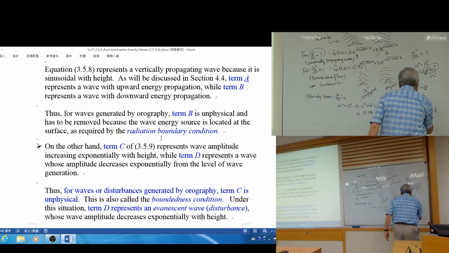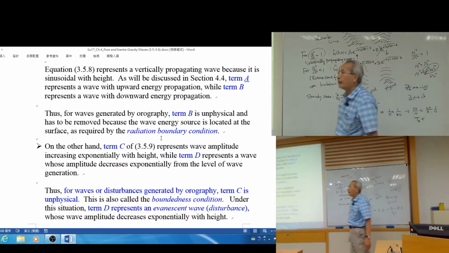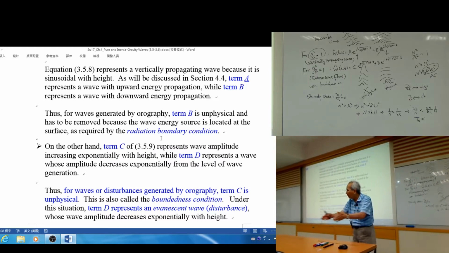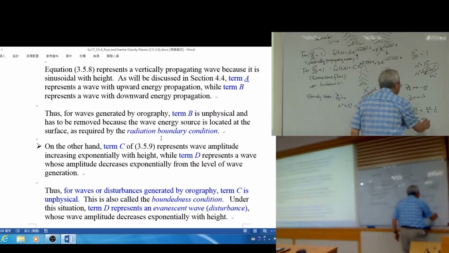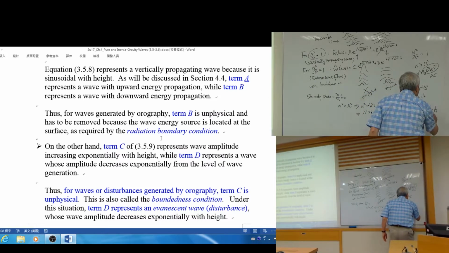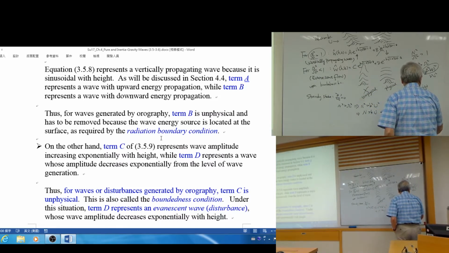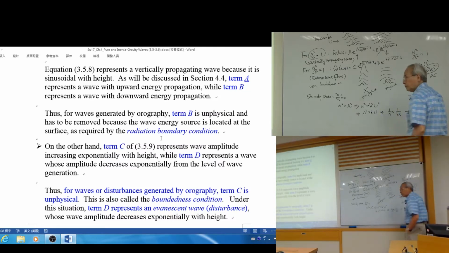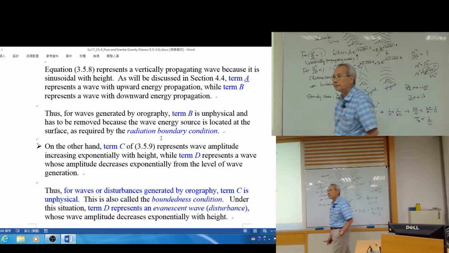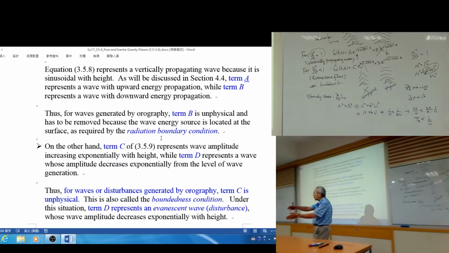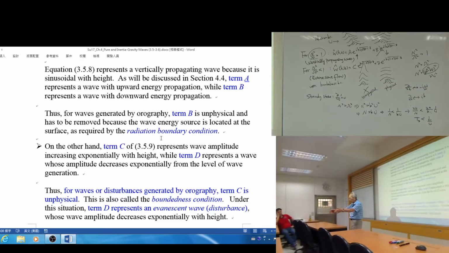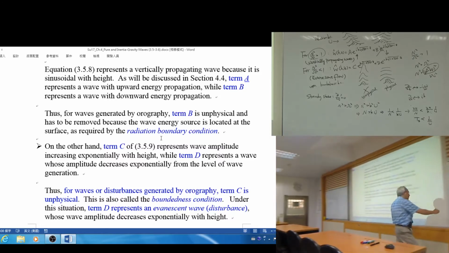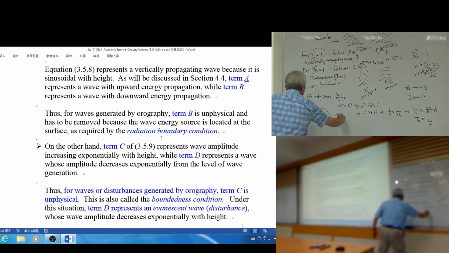And what's 2 pi divided by k? That's the wavelength. For example, if you have a sinusoidal mountain, that's the wavelength of the mountain. Say you have a very simple sinusoidal mountain like this.